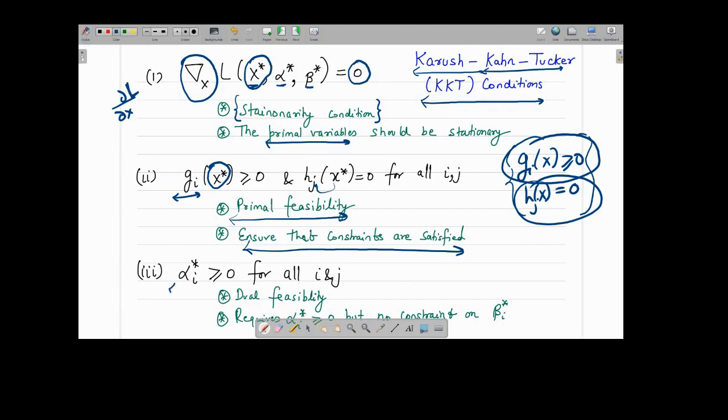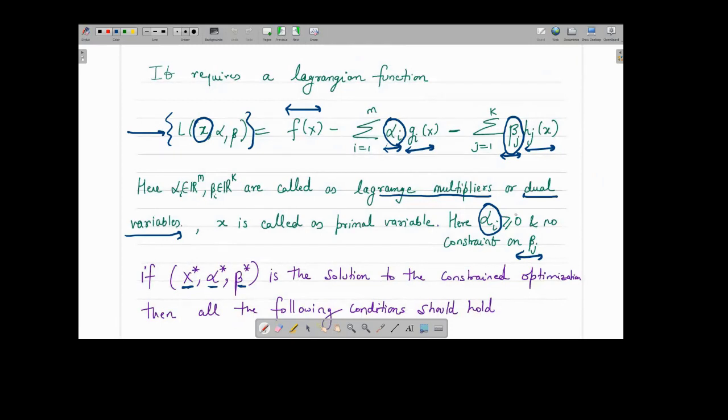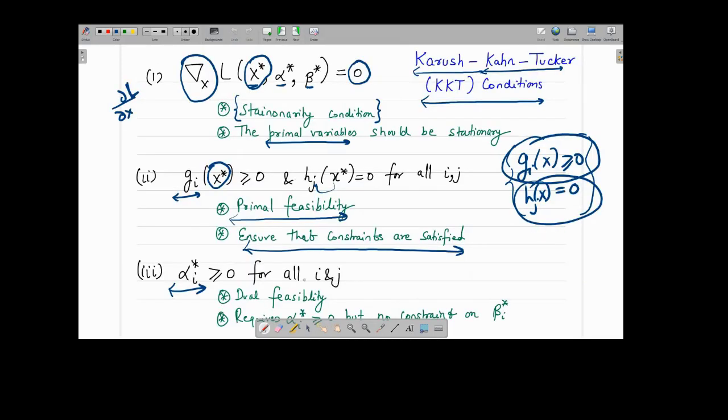And the third one is alpha_i star should be greater than or equal to 0. It should not come as a surprise because I have already told you in the definition that these alpha_i's have to be greater than 0. So whatever solutions you get for alpha star have to be greater than or equal to 0. Otherwise there is no point in putting this constraint. That is why we have alpha_i greater than or equal to 0, which just follows the basic definition of the Lagrangian which we started out with.